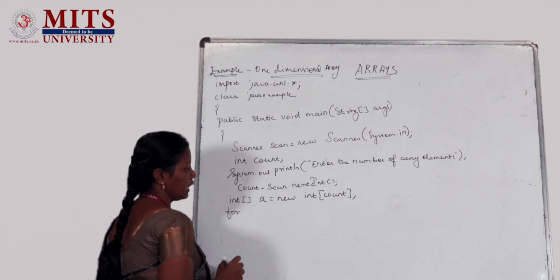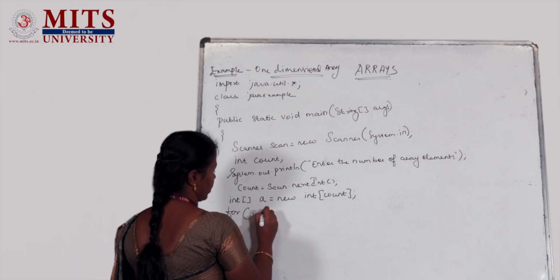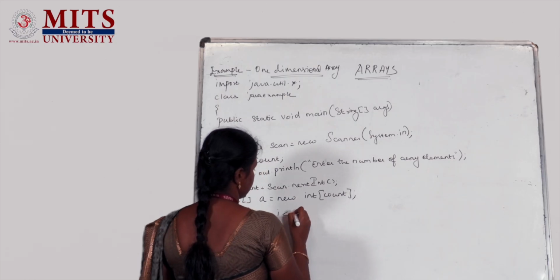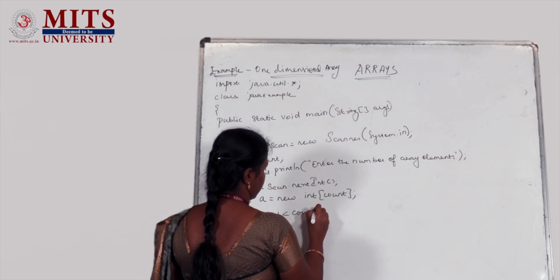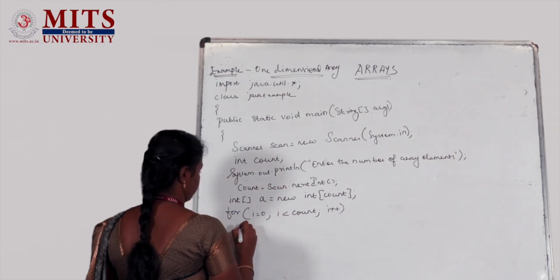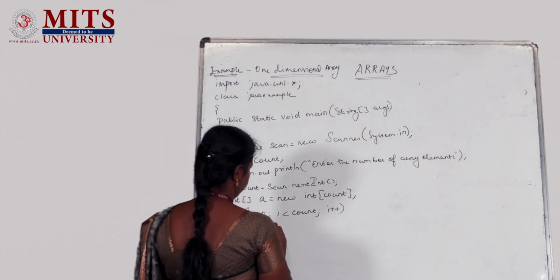In order to get the elements of the array, I'm going to make use of a for loop. For i equal to 0, i less than count, i plus plus, A is equal to the scanner input.